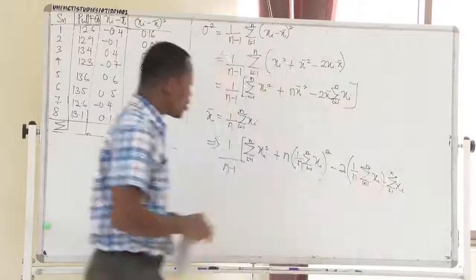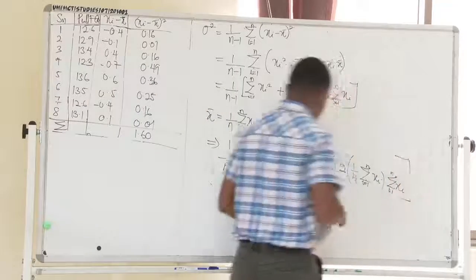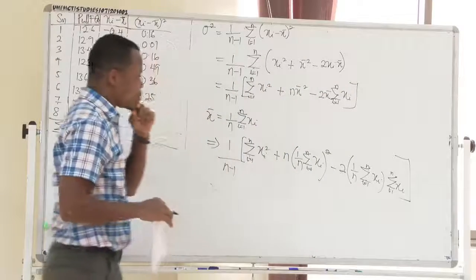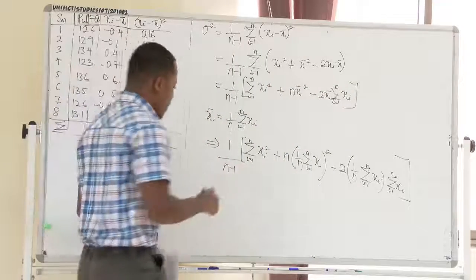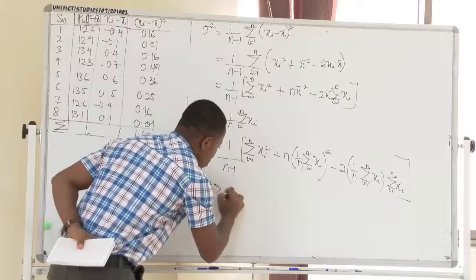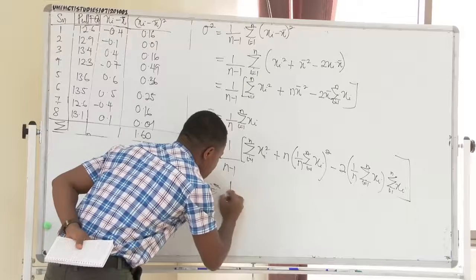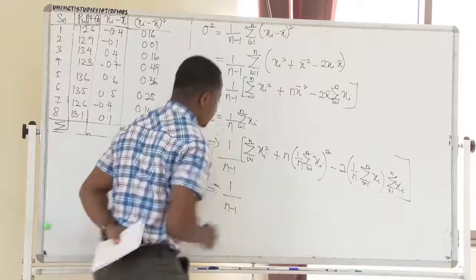Okay. Now with this, let's try to simplify this further. Now this is just going to be 1 over n minus 1.